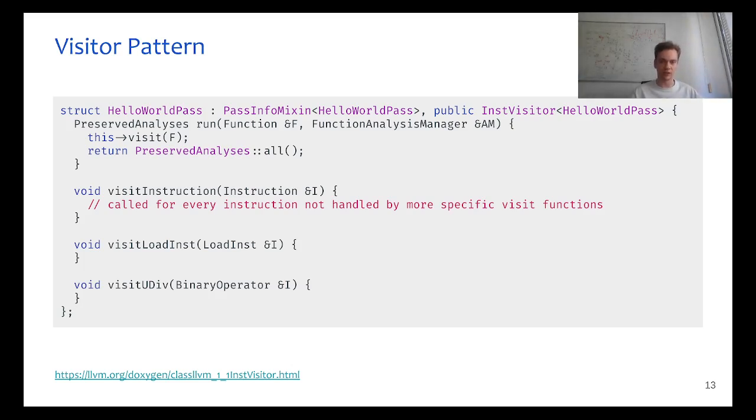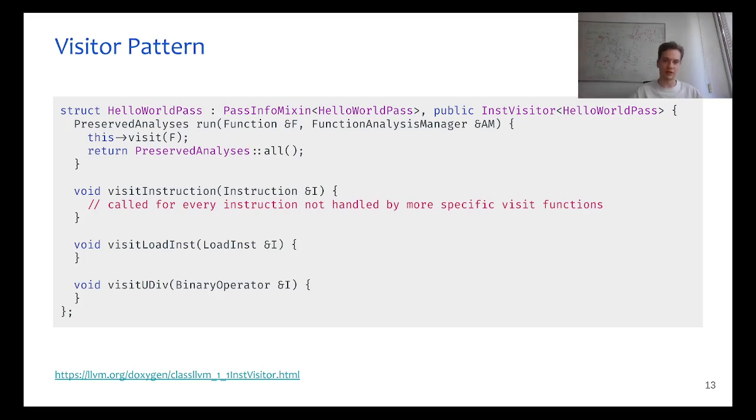So the visitor pattern, again, automatically iterates over all, say, instructions in some container, in this case a function, and it exposes to you specific functions that you can override, which will only be called on a specific type of instruction. So in this case, we have a specific implementation for the visit load instruction and a specific override for the visit division function.